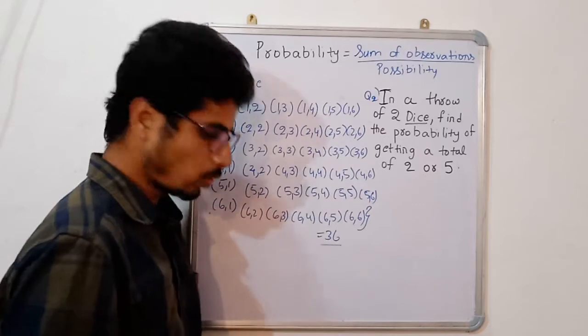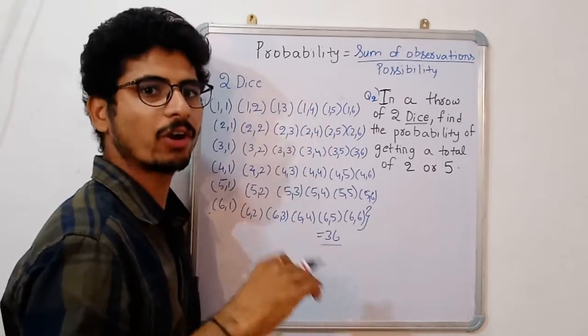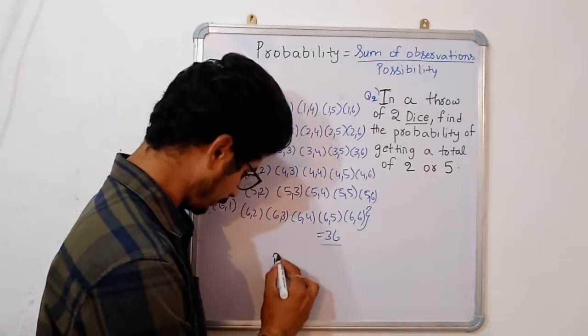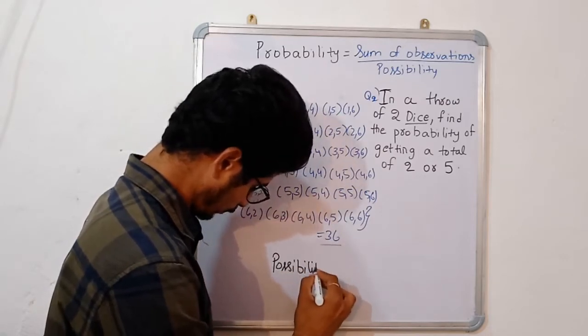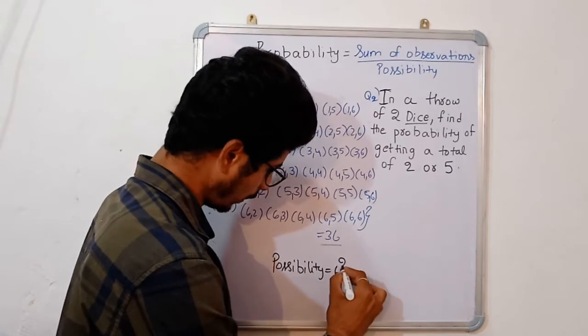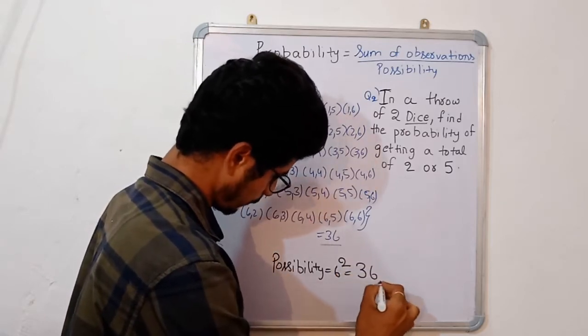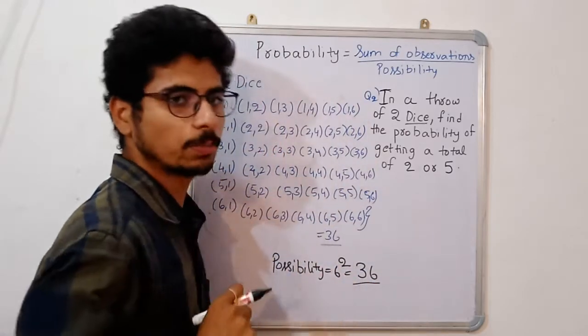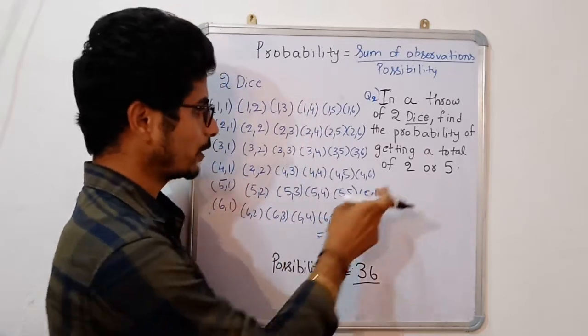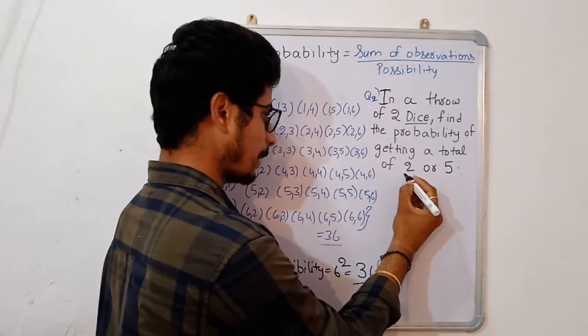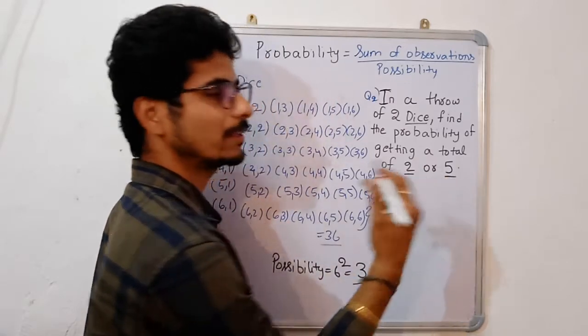As we know, the possibility for 2 dice is 6 square, that is 36. We got the possibility. Fine, we need to find the number of observations, right? First we'll be seeing the sum is 2, and after that we'll be seeing the sum as 5.